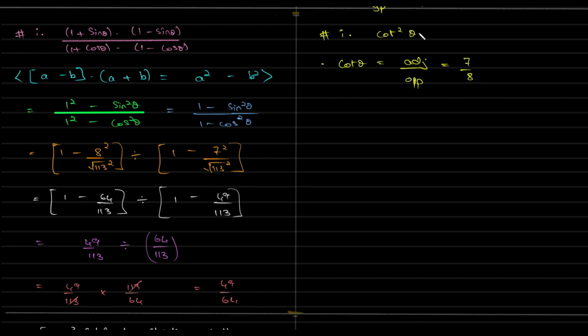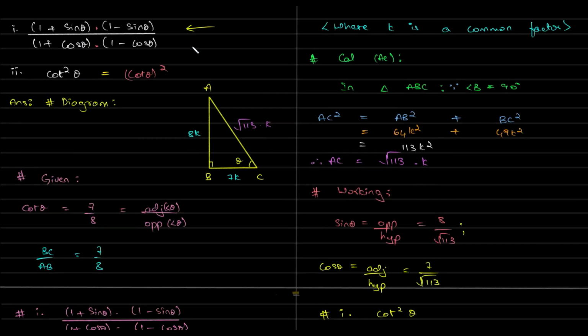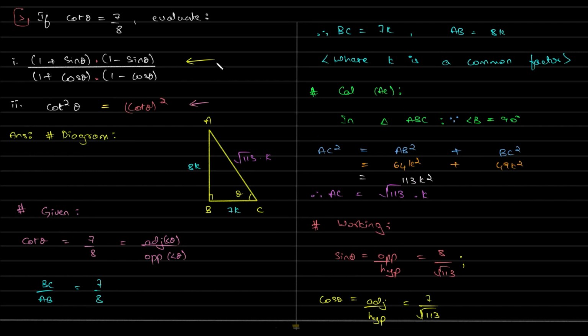Now cot square theta is nothing but cot theta the whole square. So 7 by 8 the whole square, this is 49 by 64. So we can see that the answers are same. I did such a lengthy version of this question and I got the same thing. So there is some connection between these two.